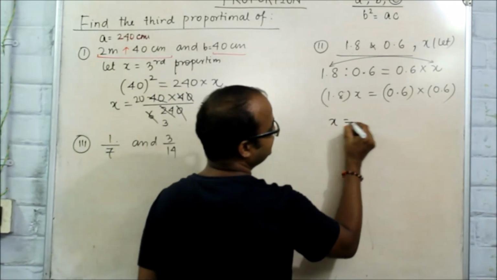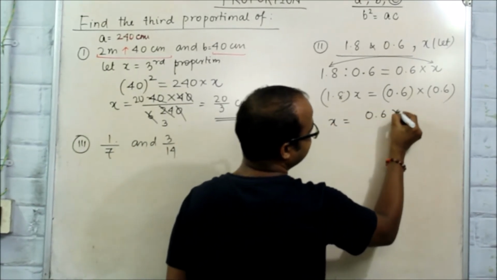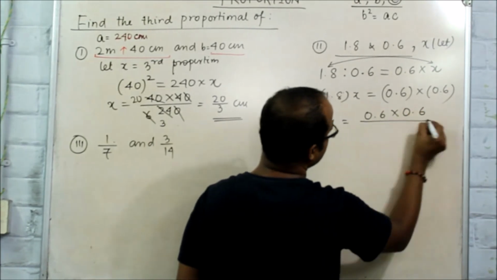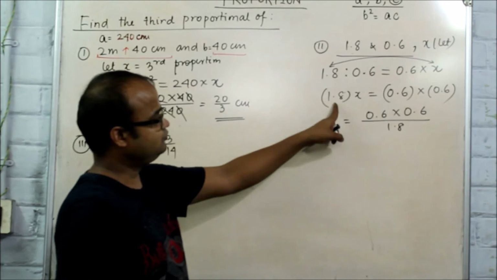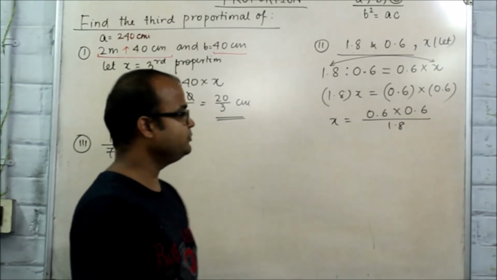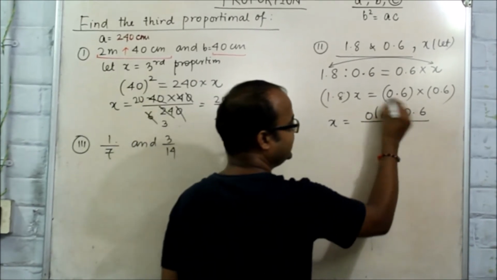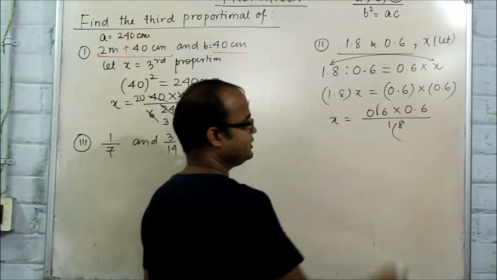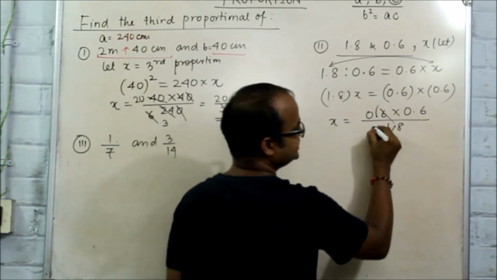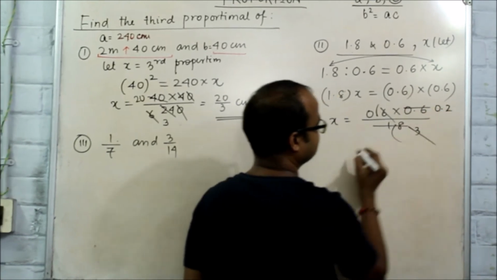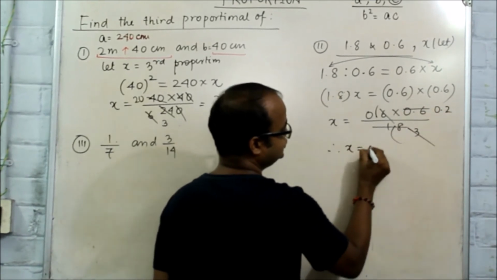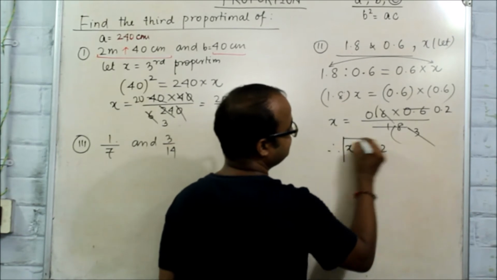So x is equal to 0.6 into 0.6 by 1.8. This 1.8 will go to the denominator. 1 decimal and 1 decimal will cancel each other. 6 1s are 6, 6 3s are 18. If you cancel with 3, 2. So therefore x is equal to 0.2.